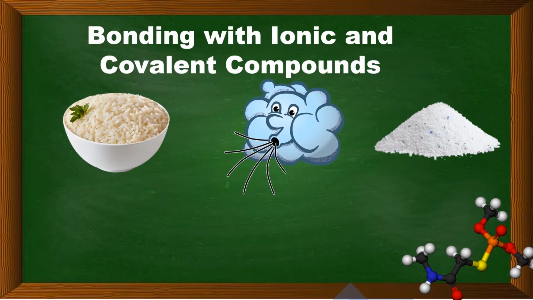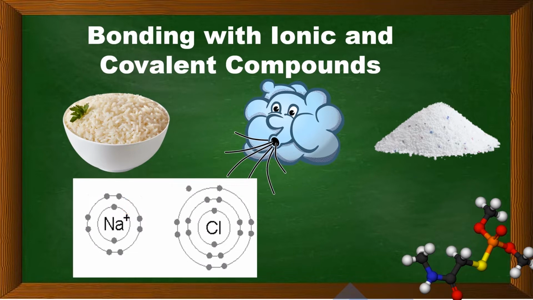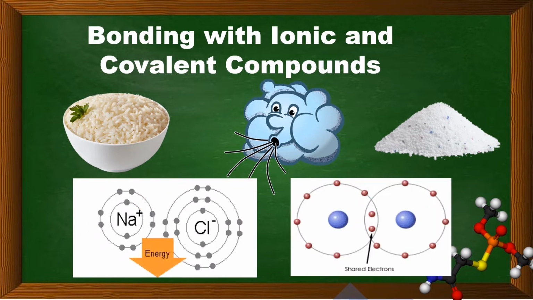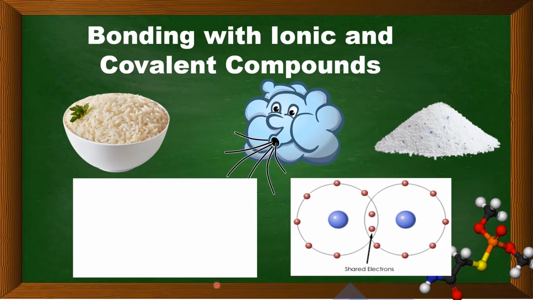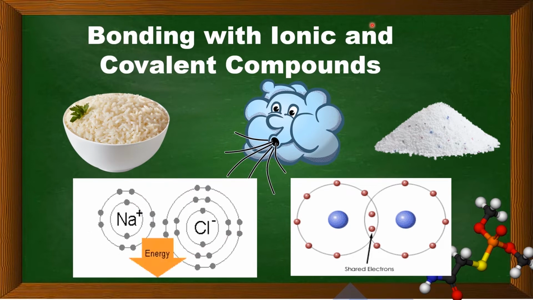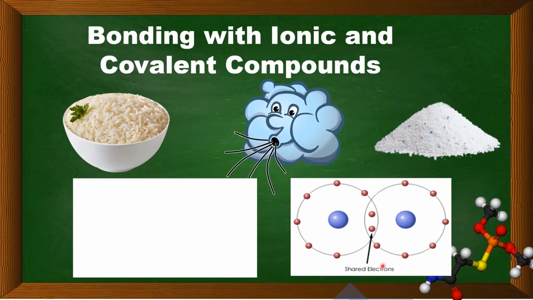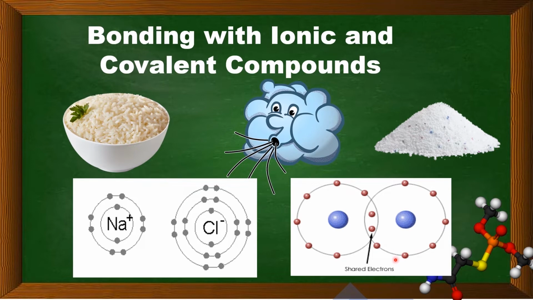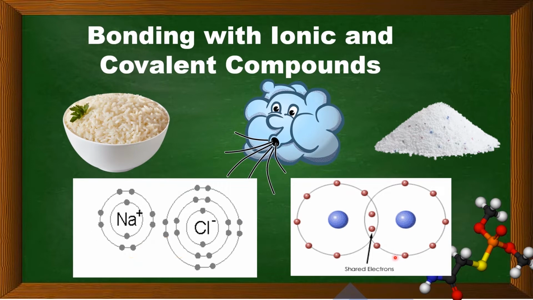Compounds can be classified as ionic or covalent. An ionic compound is formed when a metal or a cation transfers its valence electrons to a non-metal. The covalent compounds is formed when non-metals share their valence electrons with another non-metal.